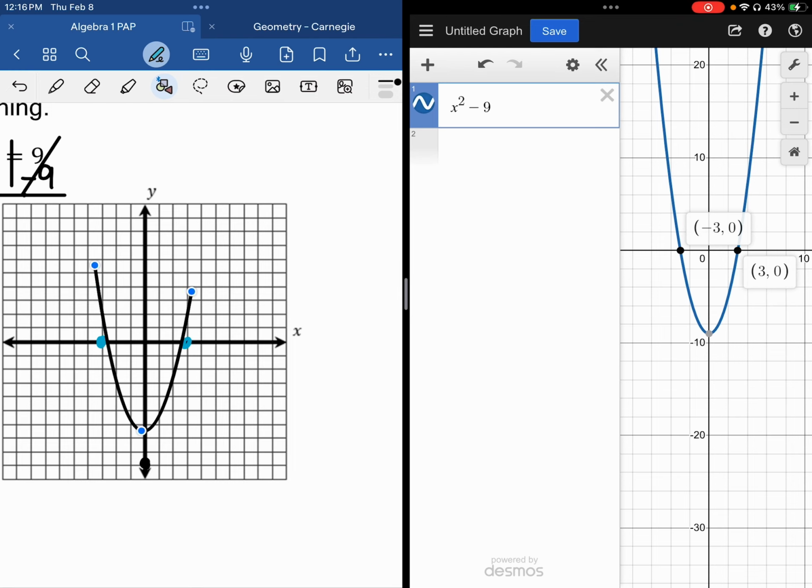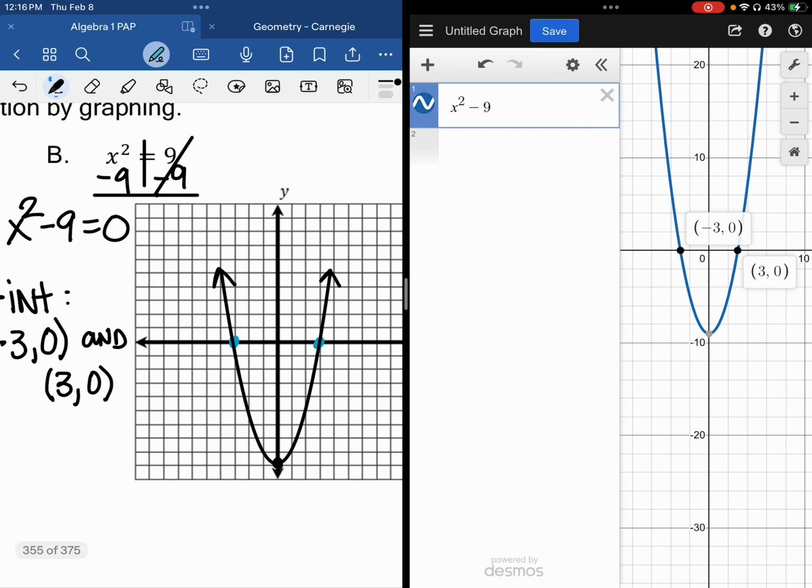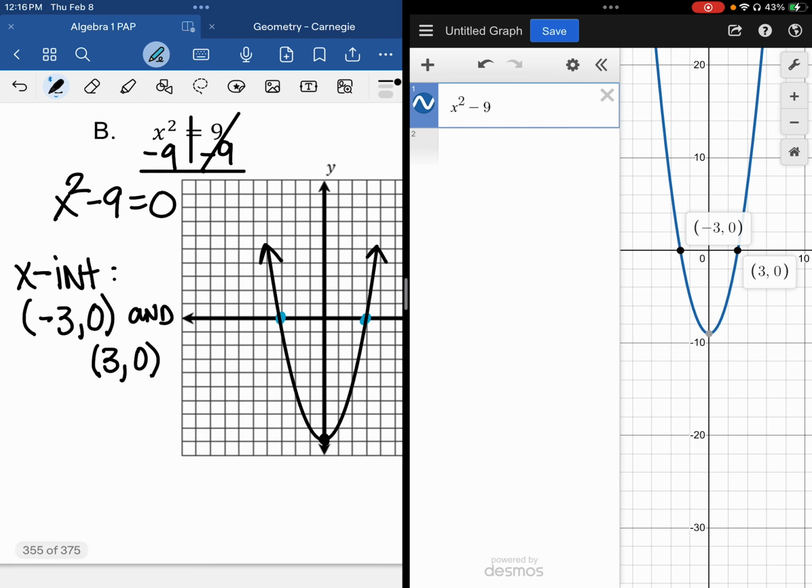Now, it's not as important in class that we make the graph absolutely perfect. But when we are testing and things like that, we're going to want to make sure that our graph is a little bit more precise.